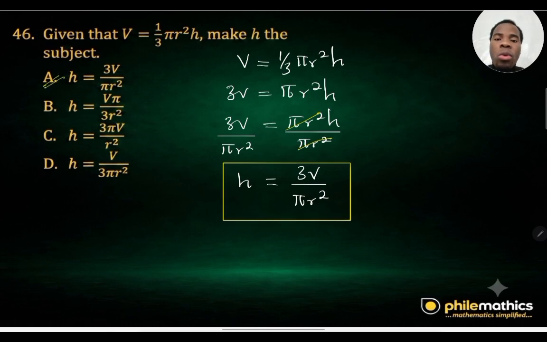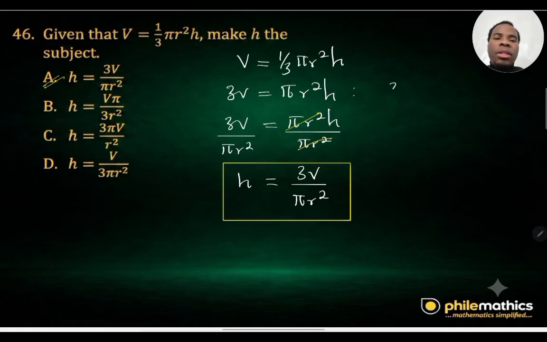Also, just the same way we can make h the subject, we can also make r the subject. So from this case, instead of dividing both sides by pi r square, we simply divide both sides by pi h.